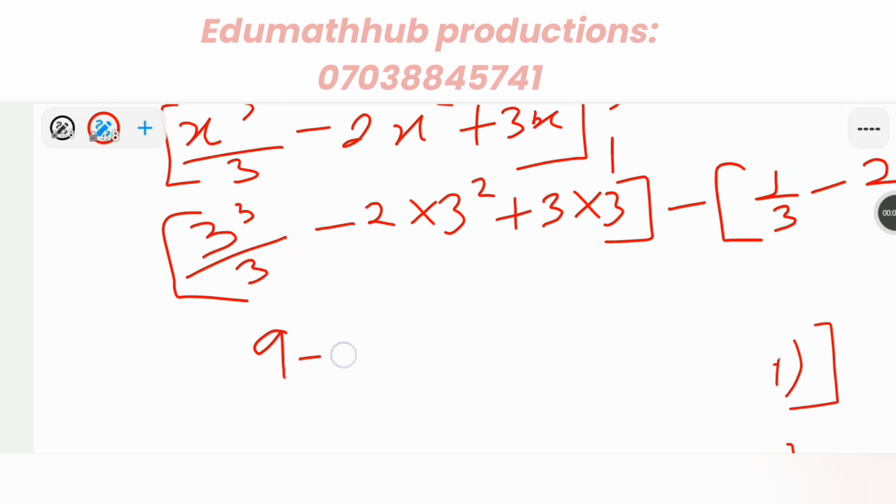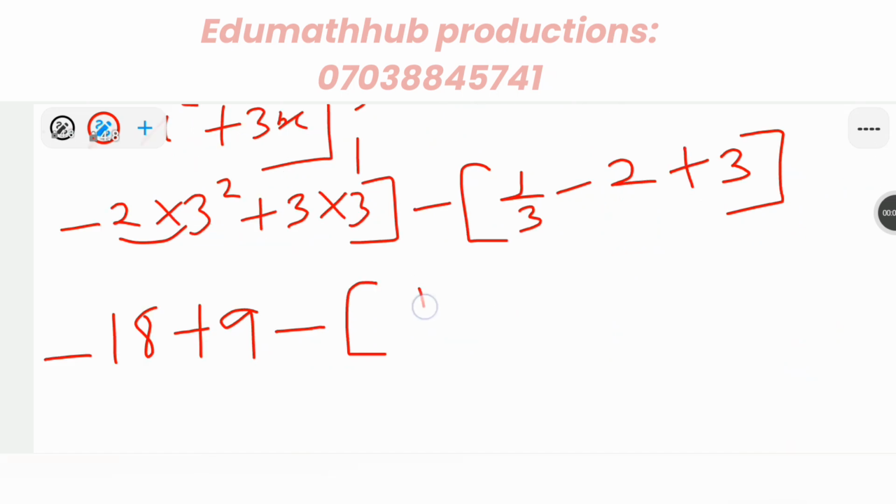So here is 9 minus 3 to the power 2 is 9. Then 9 times 2 will give you 18. Minus 18 plus 3 times 3 will give you 9. Minus 1 over 3, 3 minus 2, that's 1 plus 1.